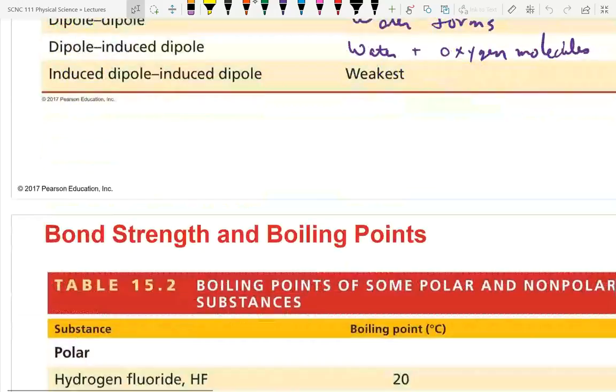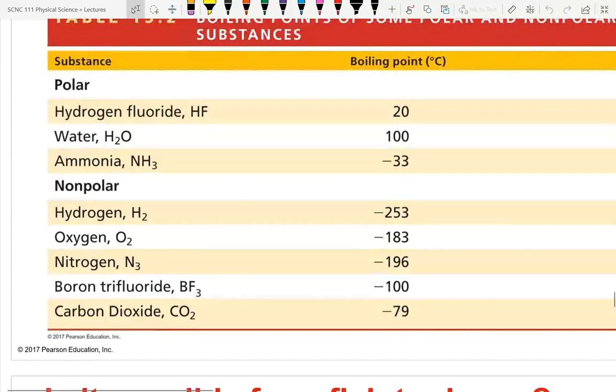If we look at this table, we can see that the boiling temperatures for the polar substances are higher than the boiling temperatures for the nonpolar substances. Why are they higher temperatures? Because they form dipole-dipole bonds between the molecules, making it so it takes more energy to separate them.